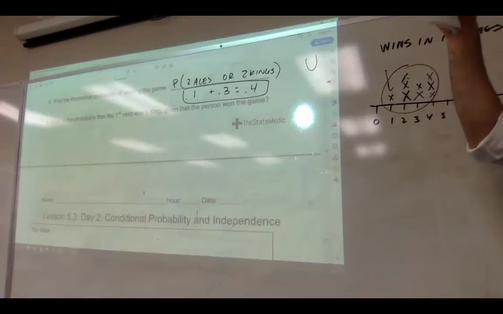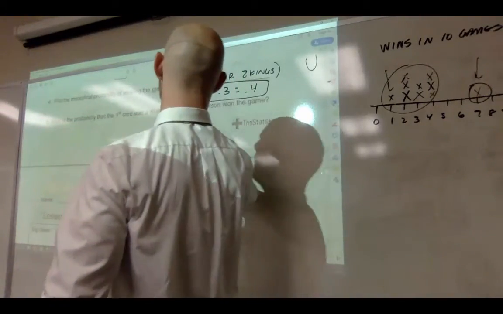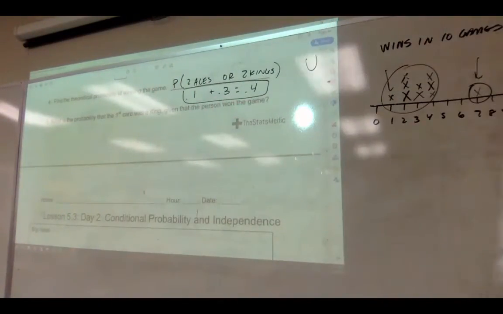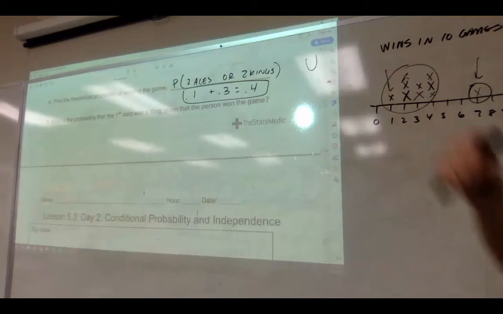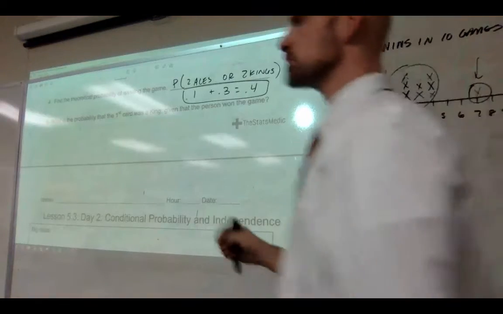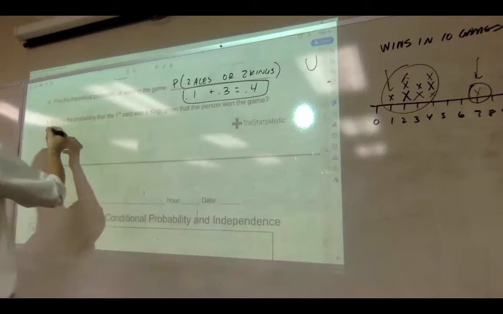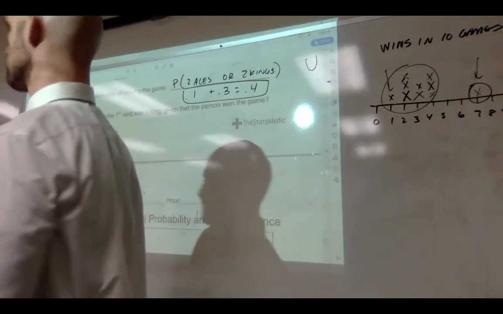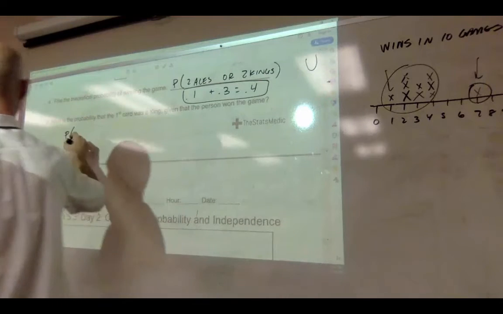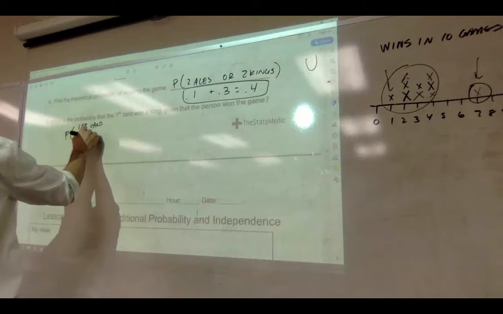But the thing is, we want to be able to find not just the probability from the beginning, but in the middle. So what's the probability that the first card was a king, given that the person won the game? So now we have to be retrospective. We have to look back. So the person won. What's the probability that the first card was a king? Let's write it out. P, first card, king.